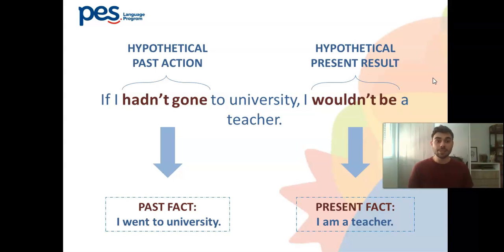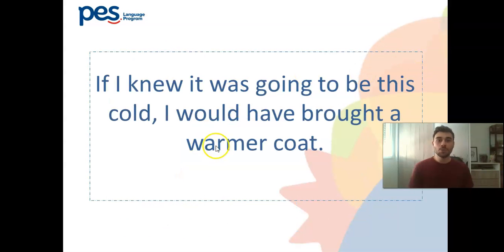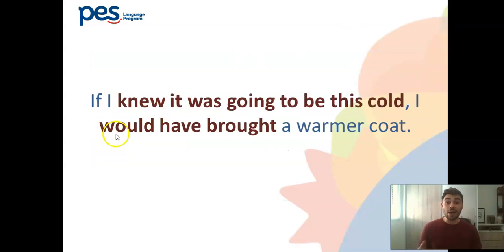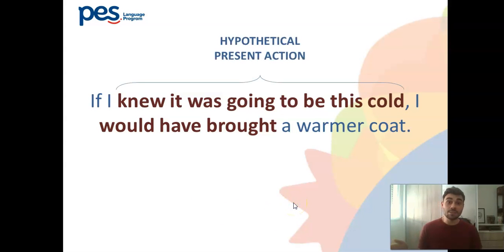So let's take a closer look at another example. If I knew it was going to be this cold, I would have brought a warmer coat. Continuing the same analysis, if I knew it was going to be this cold, this is the hypothetical present action.